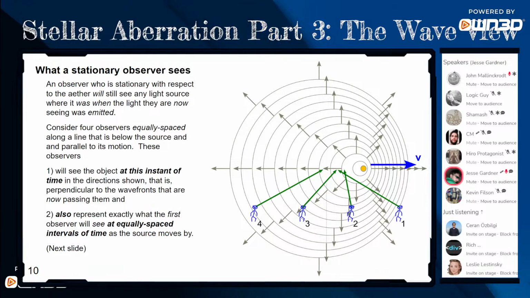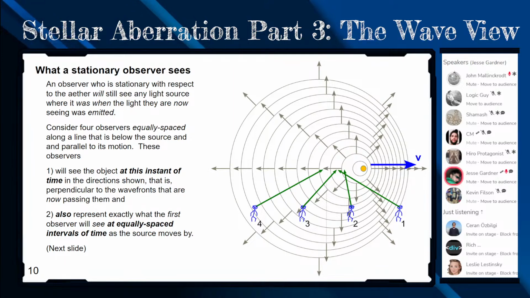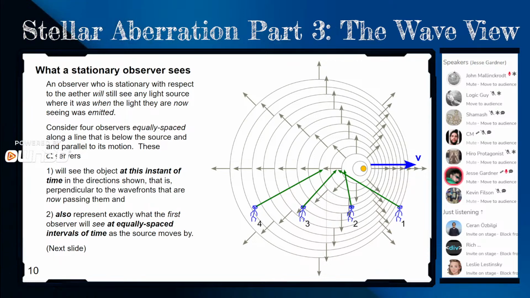And there should be a lot of things that are puzzling about that, right? Observer one, the source is almost to observer one. So why isn't he seeing it closer to where it really is? Well, the problem is, of course, he can only see the light that is currently getting to him, and the light that is currently getting to him came some time ago. In fact, observer one is seeing light from the longest ago.